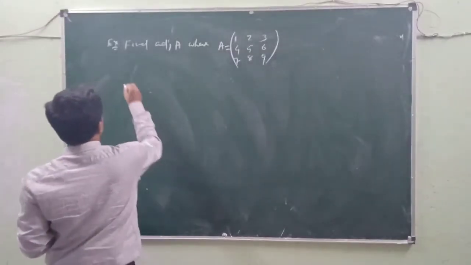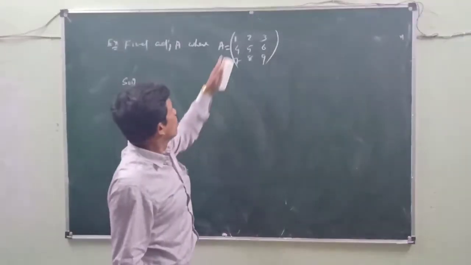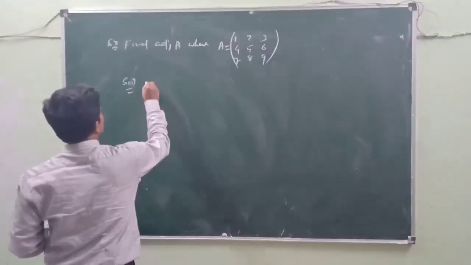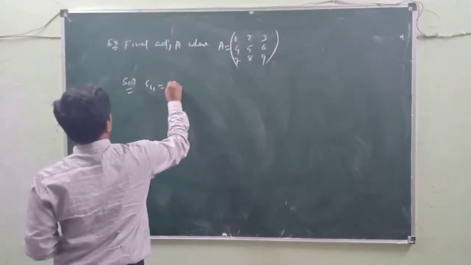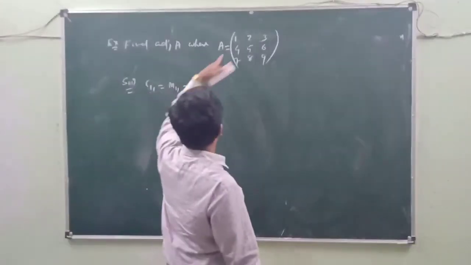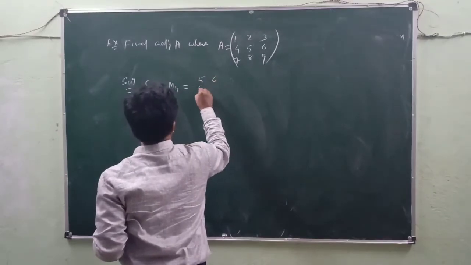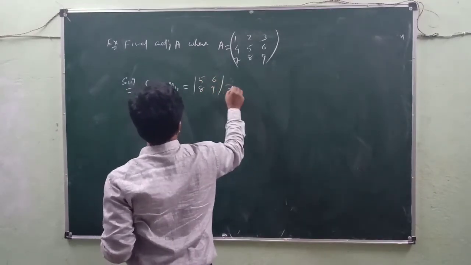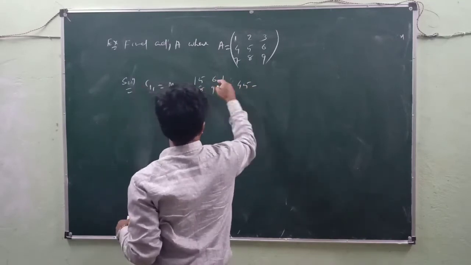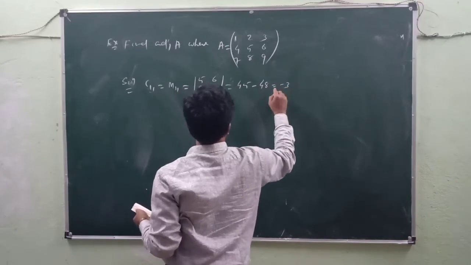Then in your solution, first you find all the cofactors. Here C11 is equal to M11, the minor of 1. It will be the determinant of 5, 6, 8, 9, which is 45 minus 48, that is minus 3.